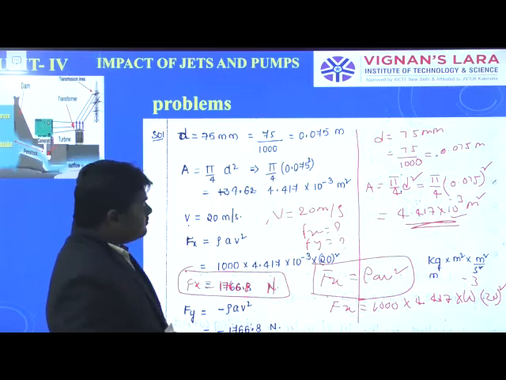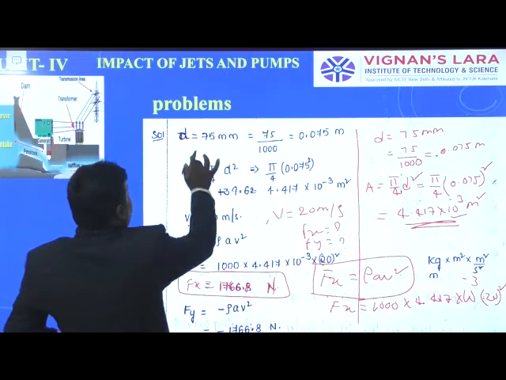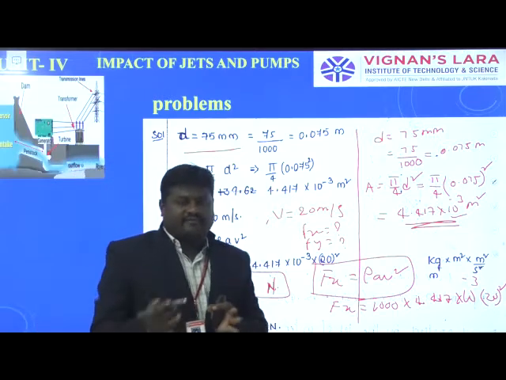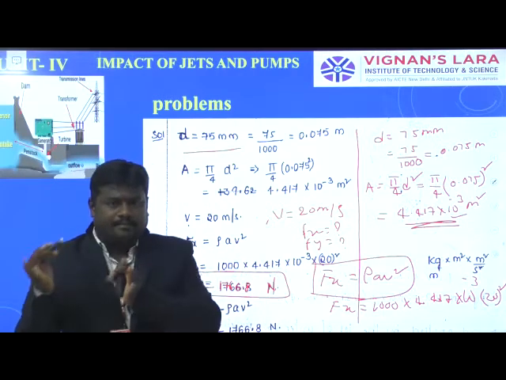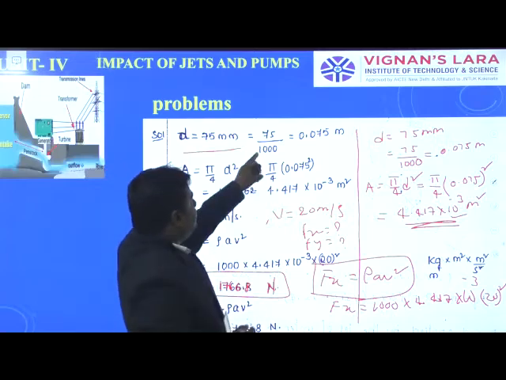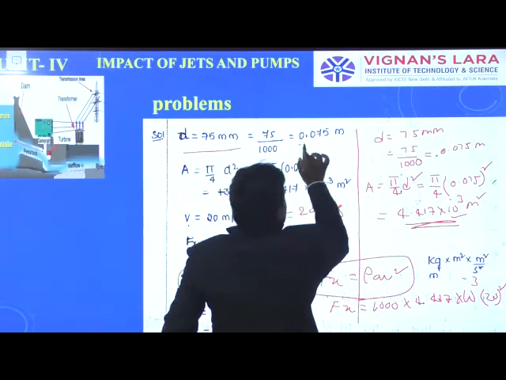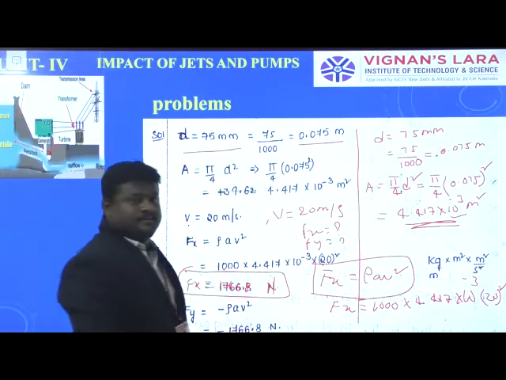They gave the diameter as 75 mm. We have to convert mm to meters, so we write 75 by 1000, that is 0.075 meters.